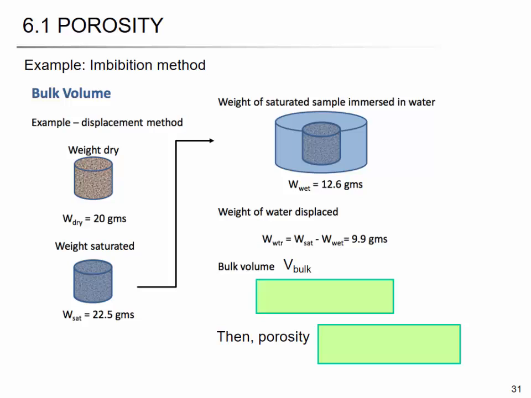Then how do we measure the bulk volume if it's an irregular shape? When it's saturated, you just immerse it in the graduated cylinder. Sorry, it's not a graduated cylinder. Sorry. Then just hang it, immersed in water, and measure the wet mass, the submerged mass.